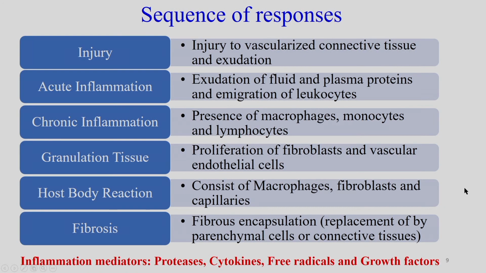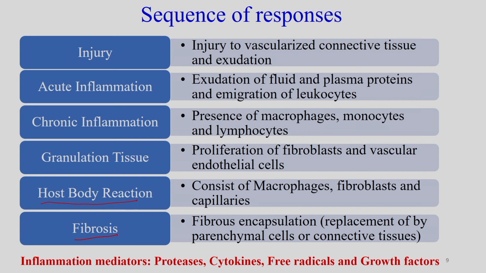So, when we go for implantation, these are the series of events, or you can say the sequence. The first is injury, followed by acute inflammation, then chronic inflammation, followed by granulation tissue, then host body response, and finally fibrosis.